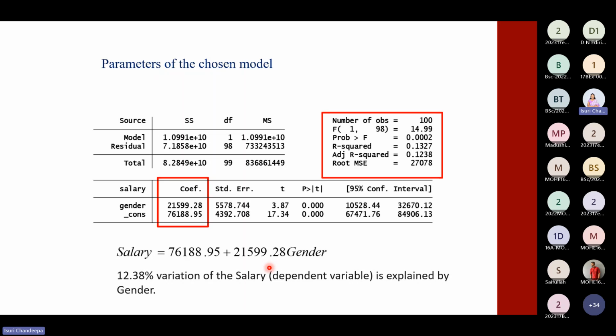If your confidence level is 90, your significance level is 10. If your confidence level is 95, your significance level is 5. If your confidence level is 99, your significance level is 1%.